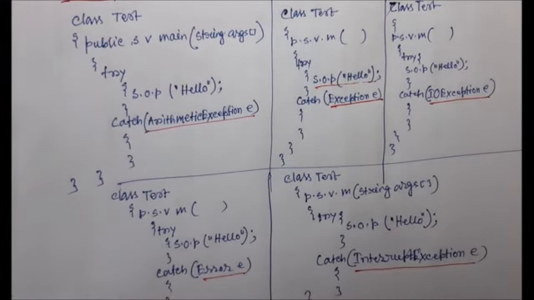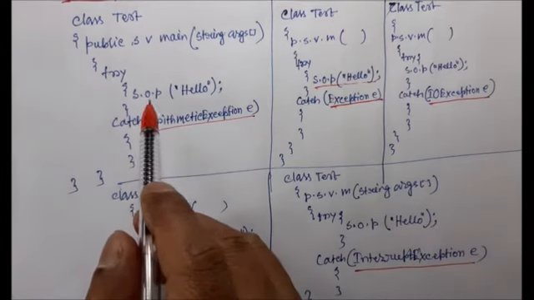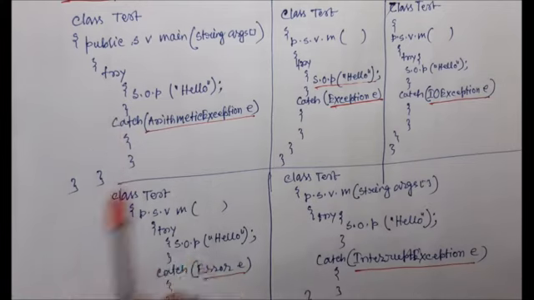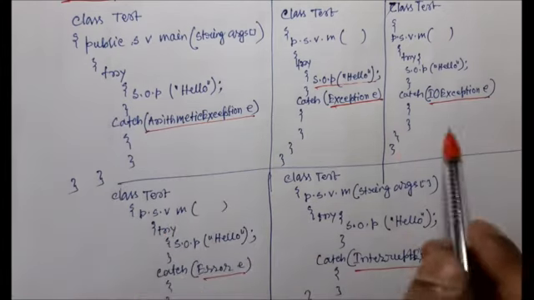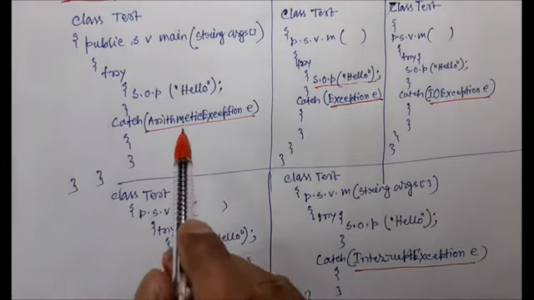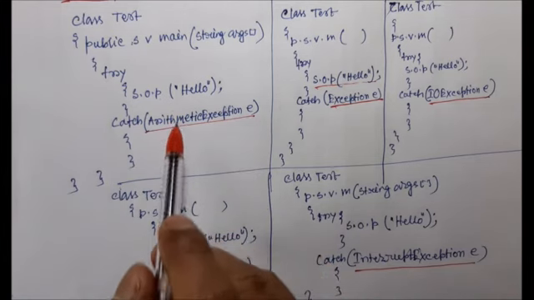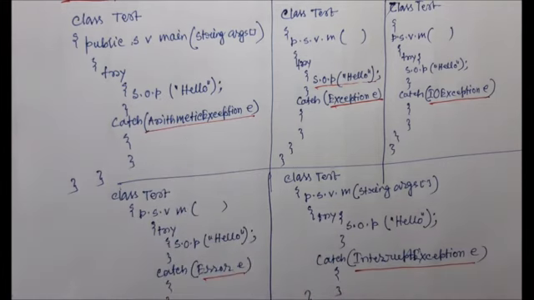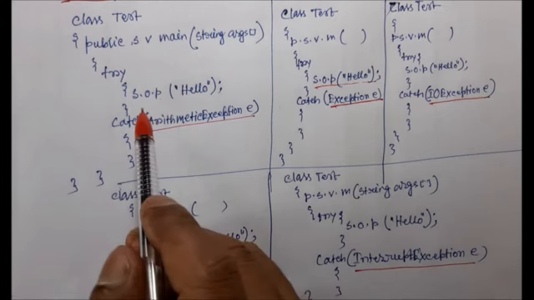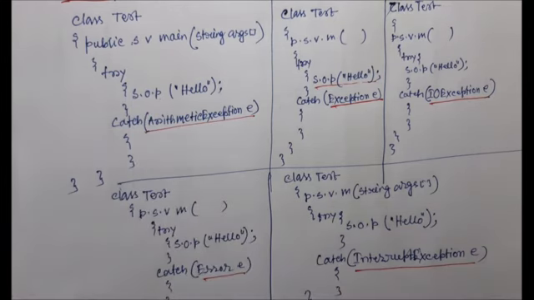The content is the same. I want to print hello on my computer screen, because I have written System.out.println within the try block. But the only difference in each example is what kind of exception is going to catch the exception, if any exception arises.